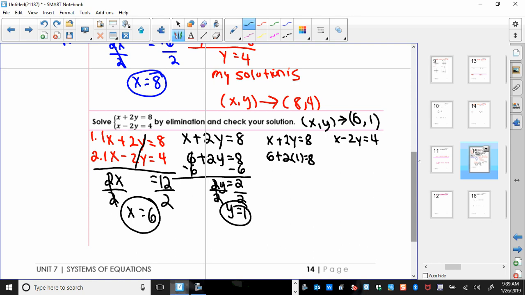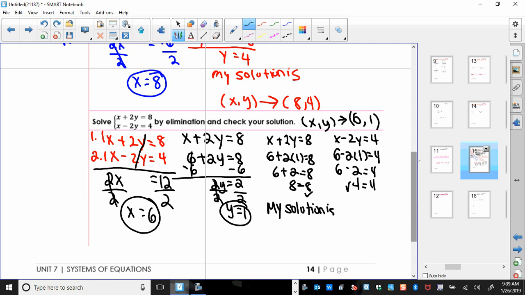Does this equal 8? Well, 6 plus 2, does it equal 8? 8 equals 8, so the first one checks out. Next, 6 minus 2 times 1, does it equal 4? 6 minus 2 equals 4. 4 does equal 4, so it checks out as well. So when I write my answer, my solution is x comma y maps onto 6 comma 1.